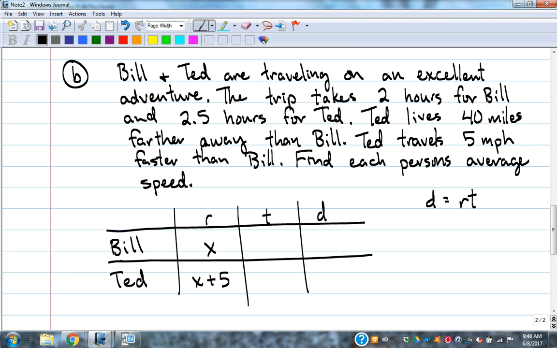Bill took how long? Bill took 2 hours. Ted took how long? 2.5 hours. Okay. Now, distance is supposed to equal rate times time, correct? So that'd be 2x, and this would be 2.5 times x plus 5.